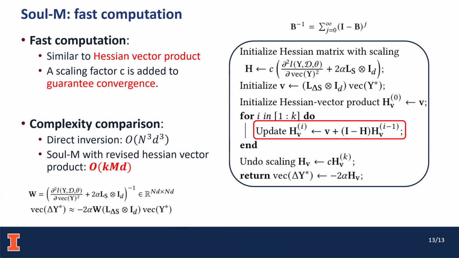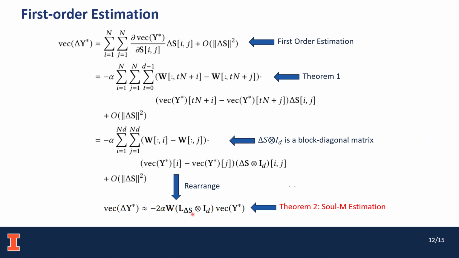Looking at the formula, we can observe that it has a form like a matrix vector product. So W here is a big Hessian matrix that involves the inverse of the second order gradient. And the part that includes the Laplacian Kronecker product, identity matrix, and vector y star is going to generate a vector of size n times c.